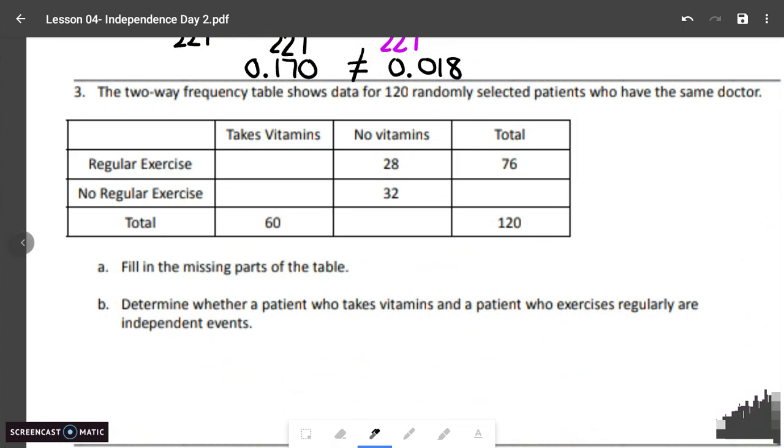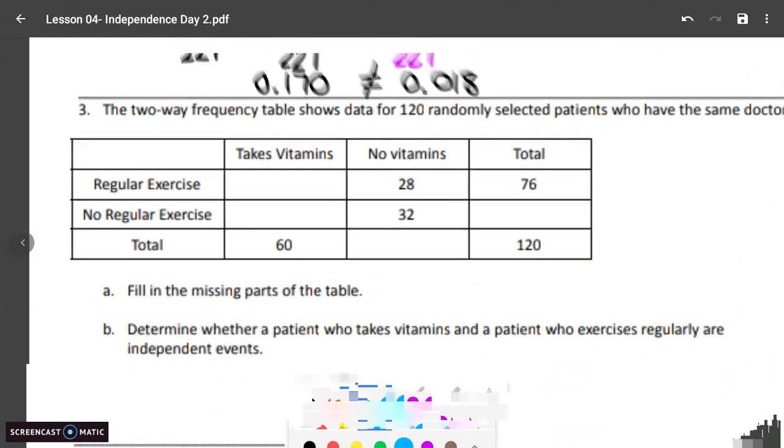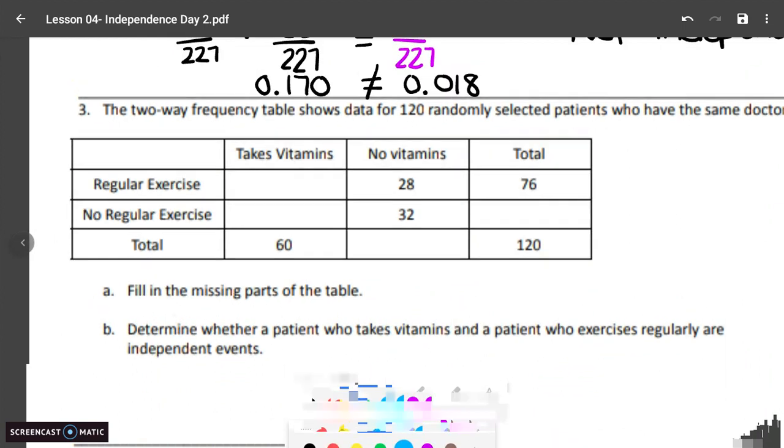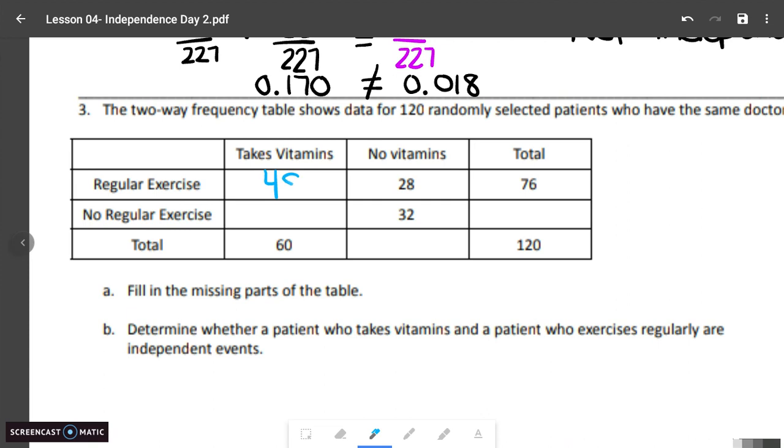For 3, we also have to fill in this table. They just did it in a little bit of a different style. To do so, I'm going to take 76 and subtract 28 to find the amount that take vitamins. When we do that, we end up with 48. Now, 48 plus some number gets me 60, so I could do 60 subtract 48. So we're looking at 12 here.